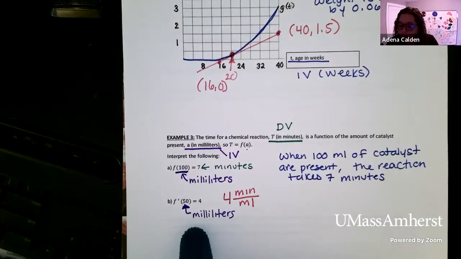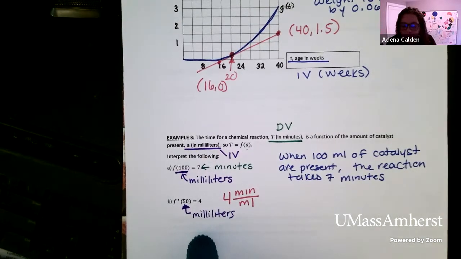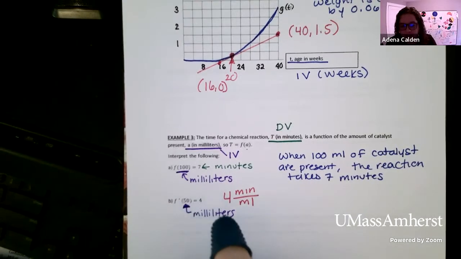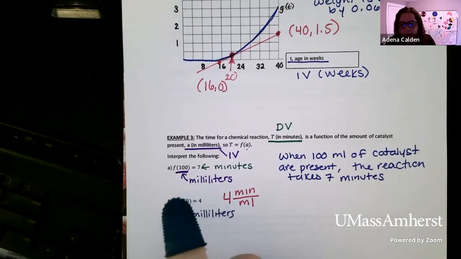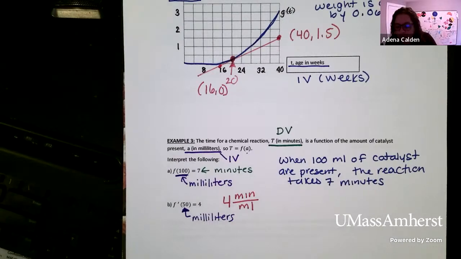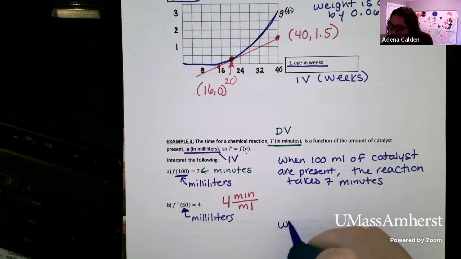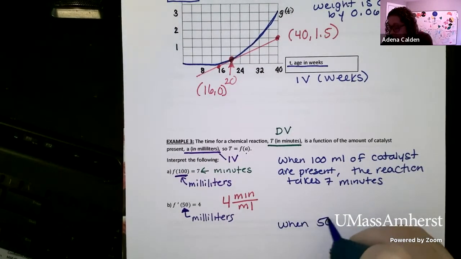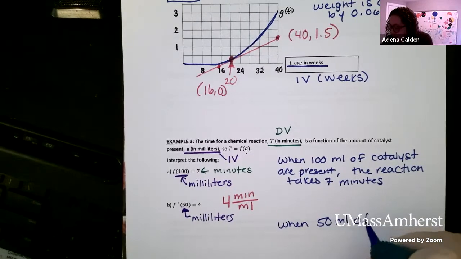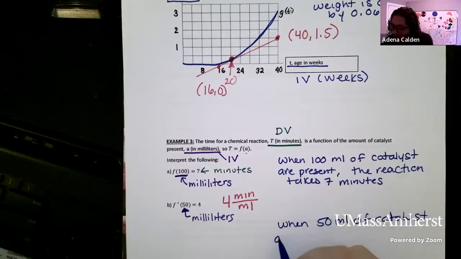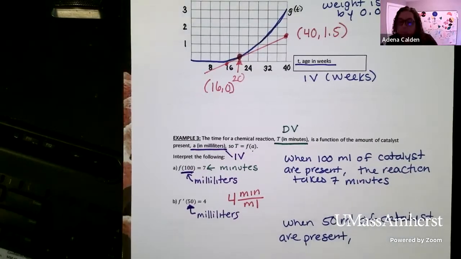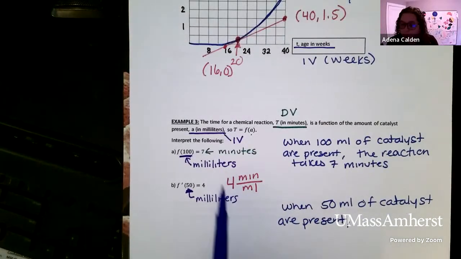We know we're evaluating what happens when we have 50 milliliters of catalyst. That's the moment. So we can start our interpretation with, when 50 milliliters of catalyst are present, because that's the moment. Now we need to figure out what this means.